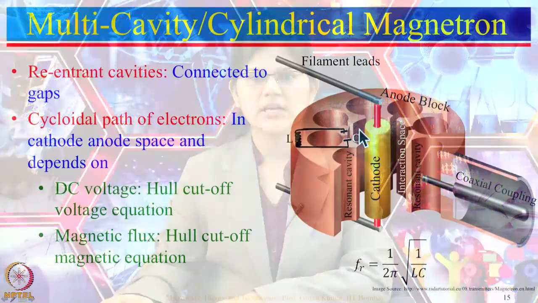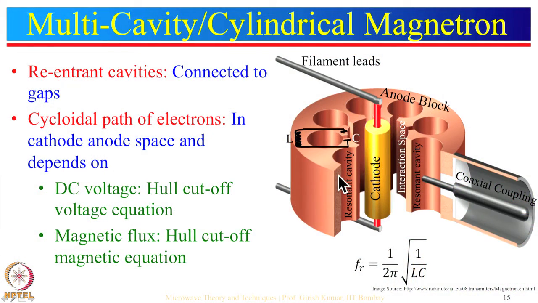The cylindrical magnetron is also called a multi-cavity magnetron. In this, the cathode and the anode are of cylindrical shape, and the cathode and the filament are placed at the center of the tube, supported by the filament leads.